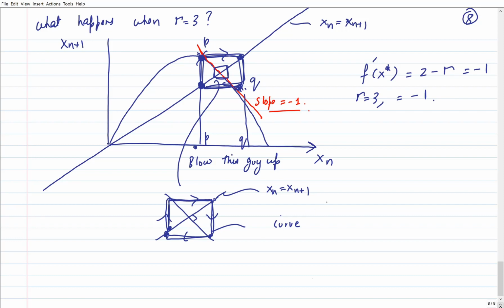So this is going to circulate around 2 points on the curve, and geometrically speaking, I have the condition for period doubling.